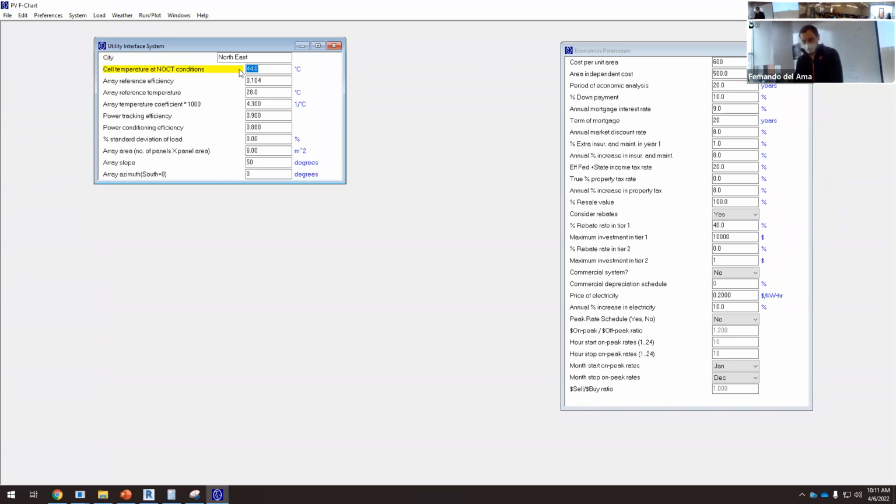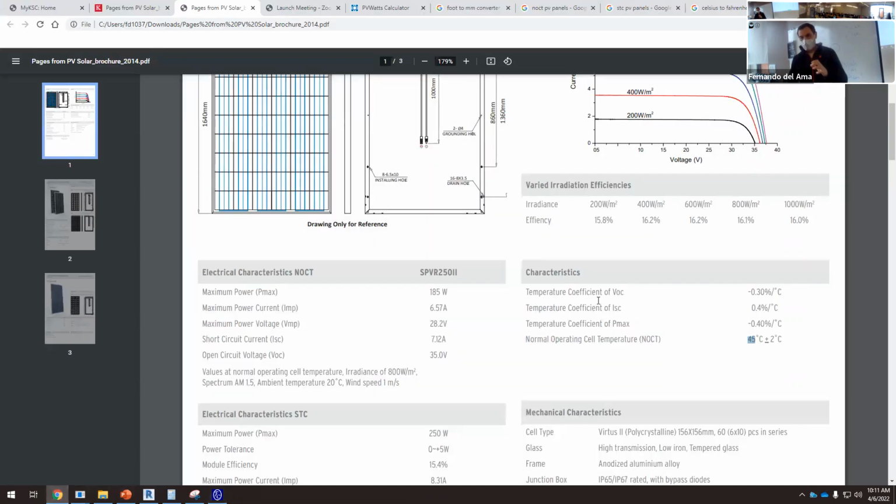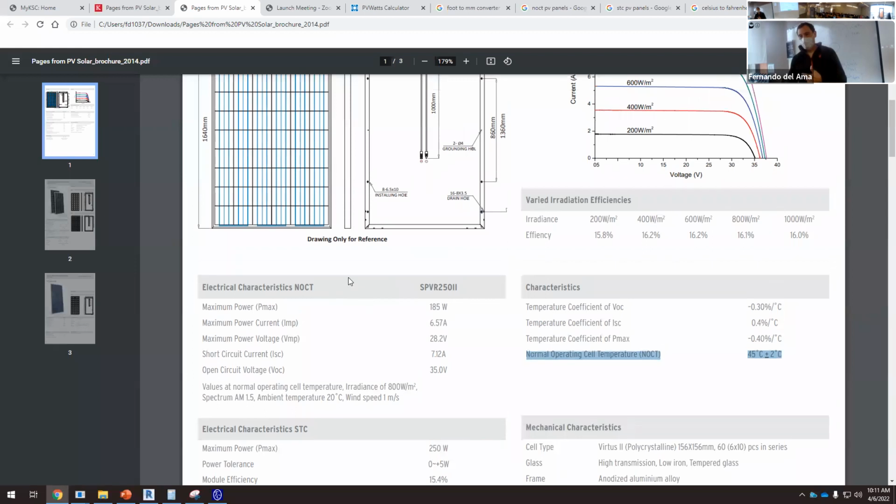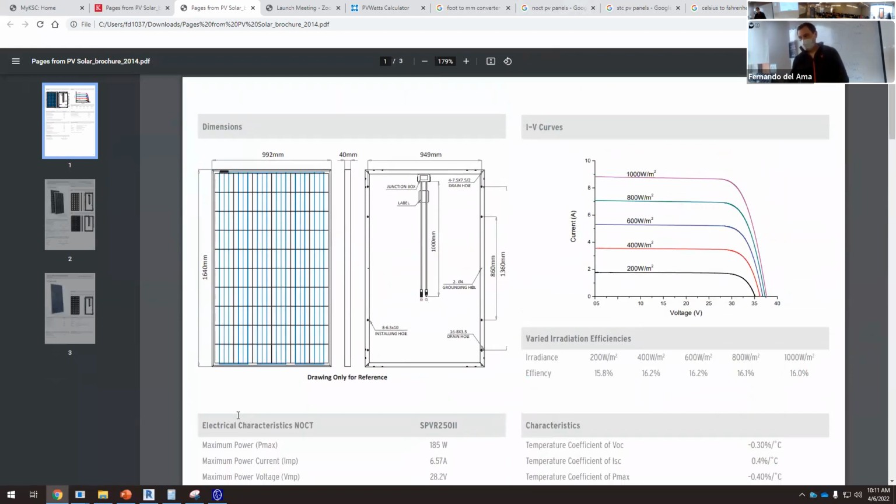Here it's 44, but we can say 45. So at least we know that the information that we are typing here matches with the information that we have from the PV panel.